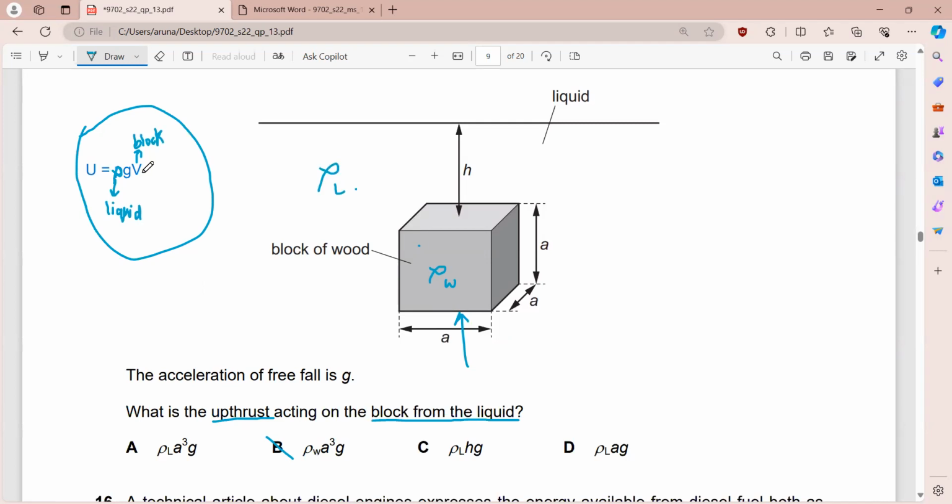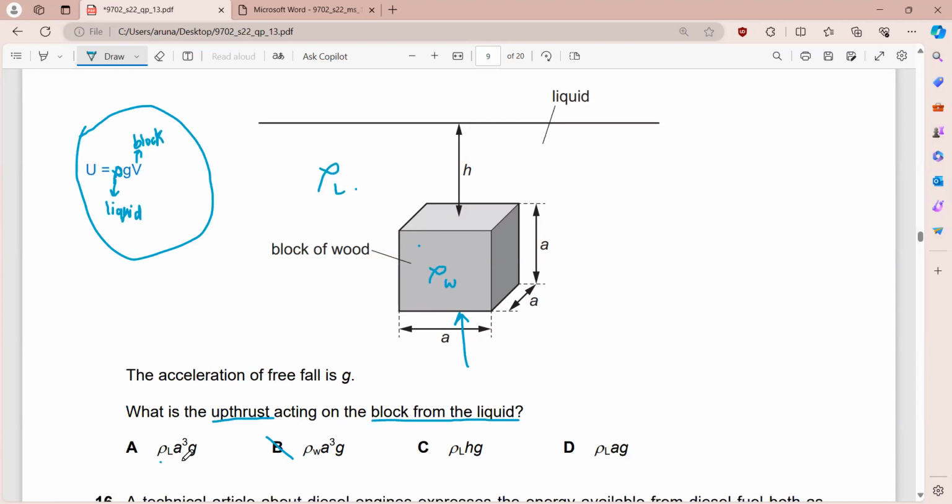We know another part, that the volume has to be the volume of the block, not the volume of anything else. The volume of the block, since it's a cube, will be length times breadth times height, or side cubed, which is A cubed.